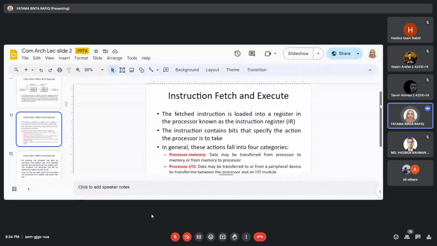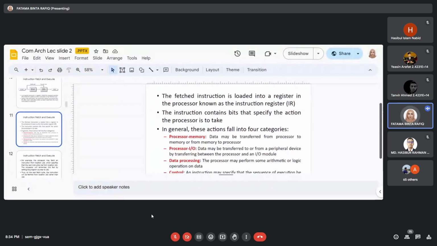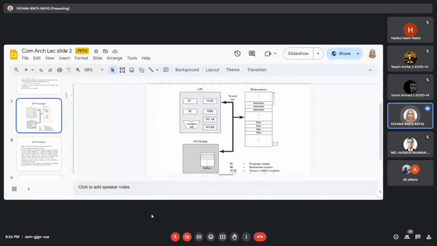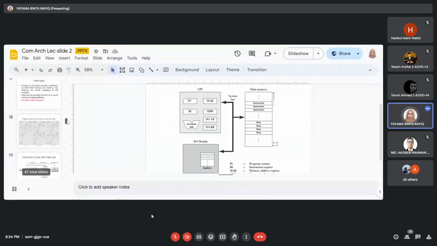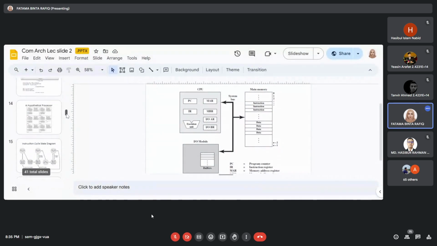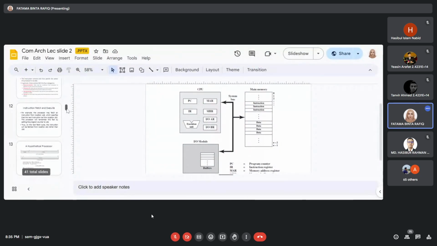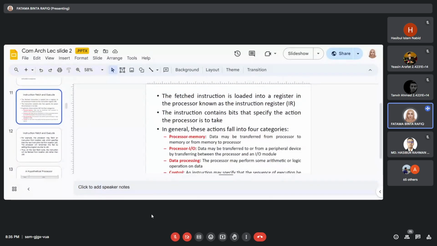Instruction fetch and execute. The fetched instruction is loaded into a register in the processor known as the instruction register. So here we can see we have an instruction register inside this CPU, and this task will be done by the instruction register. Then the instruction contains bits that specify the action the processor is to take.